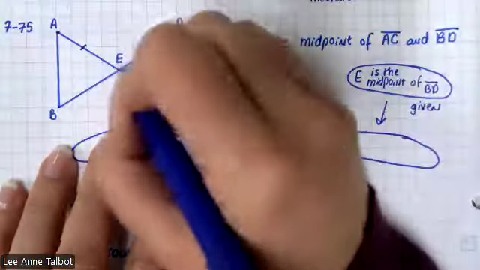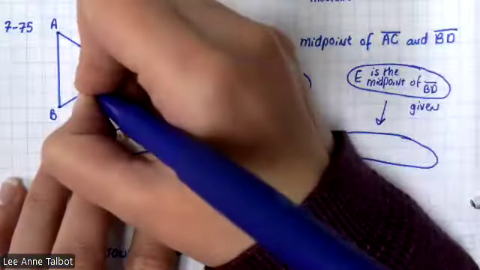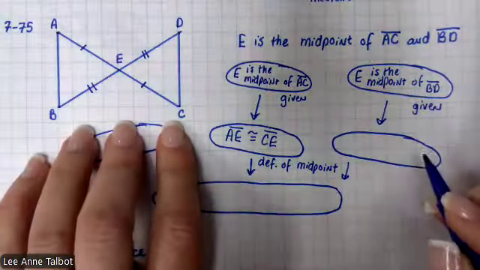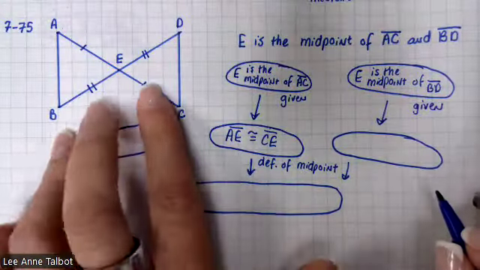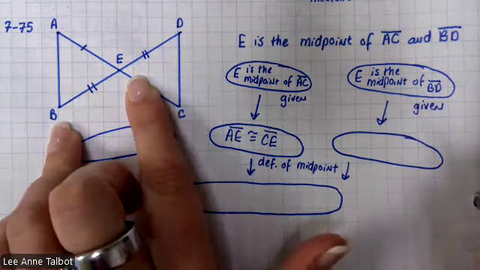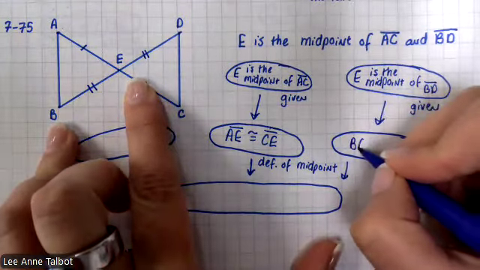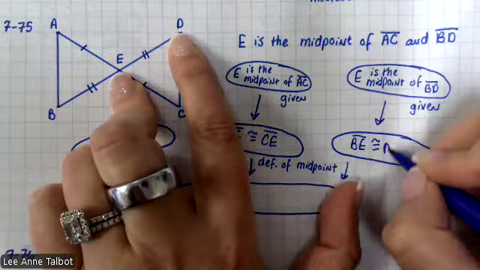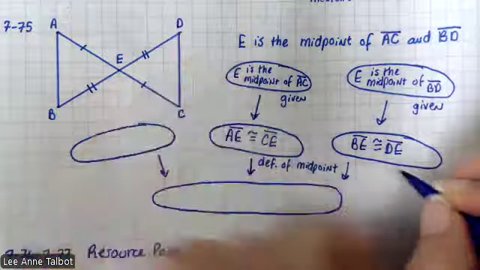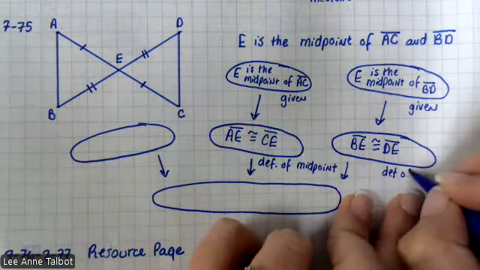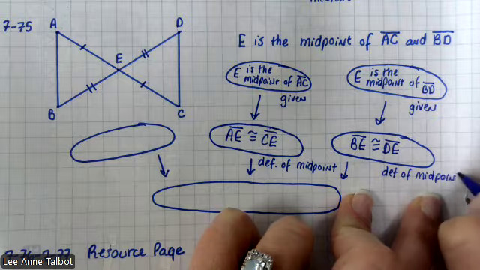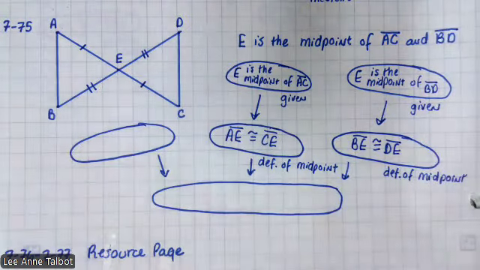And when I come back over here and mark my picture, I'm going to use two marks because the one's already taken. And this one will be BE. And this one will be DE. By definition of midpoint.